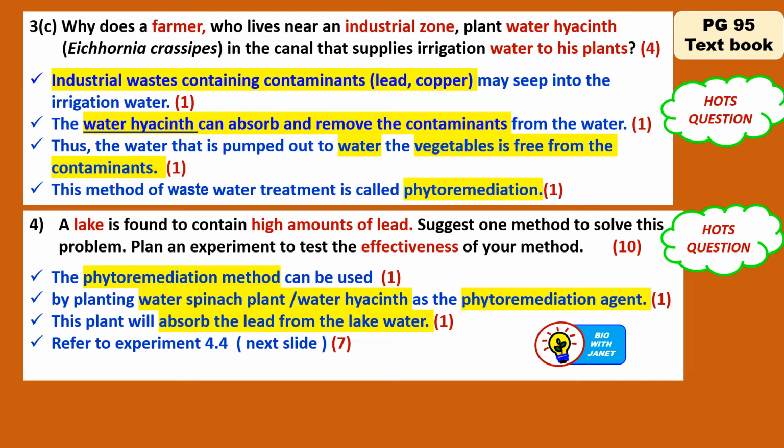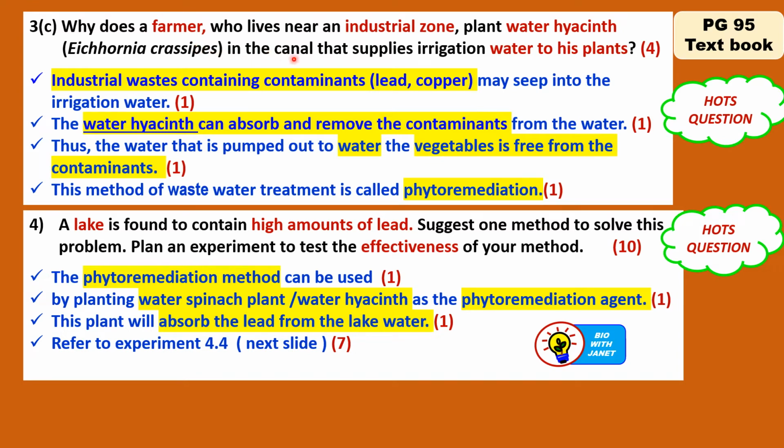Let us look at 2 HOTS questions from page 95 of your textbook. So I've summarized the question here. 3C. Why does a farmer who lives near an industrial zone plant water hyacinth, Eichhornia crassipes, in the canal that supplies irrigation water to his plants?